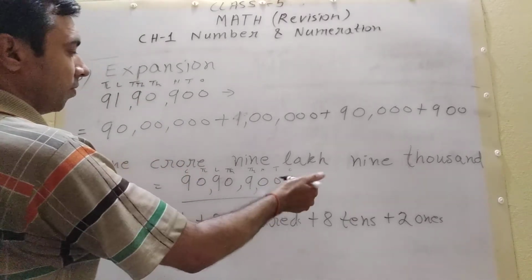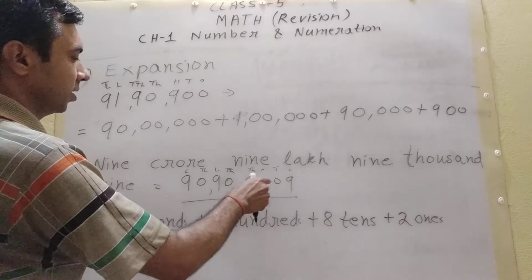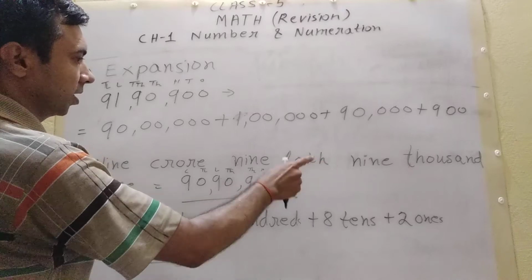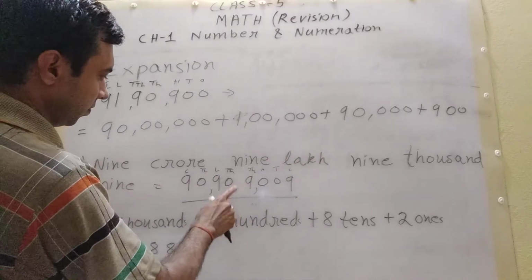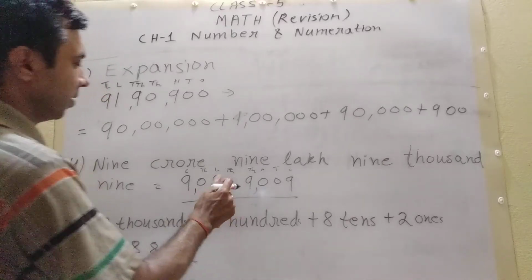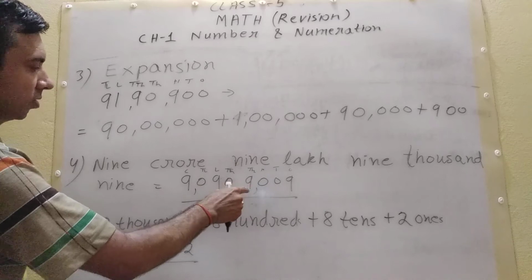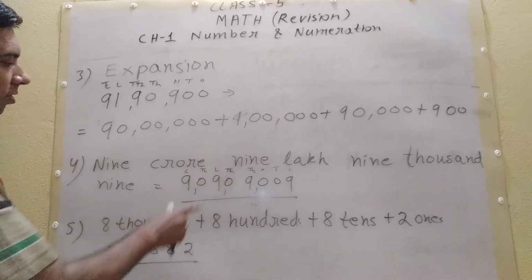So ones, tens, 100, 9, tens, 100, 0, 1000 place again 9. Write 9 here. So 1000 place again 9, 10,000 place nothing, here you have to write 0.